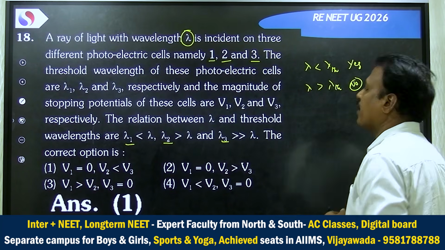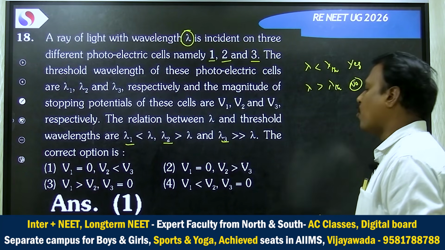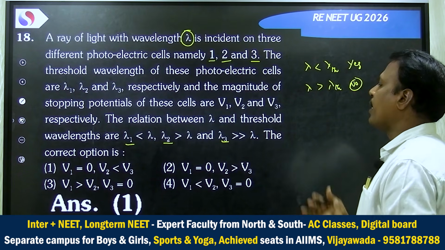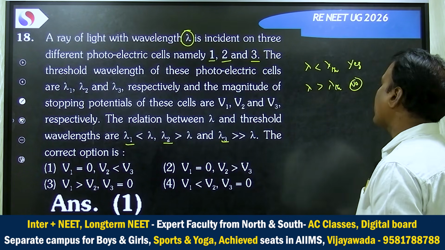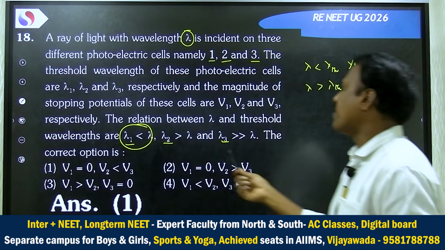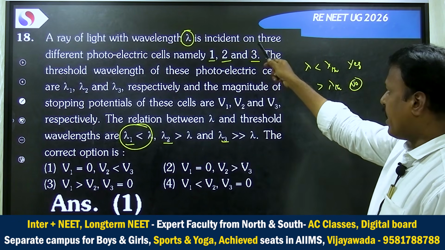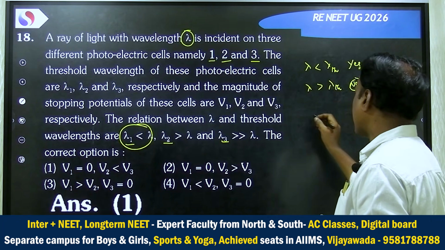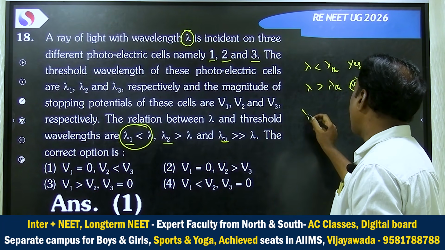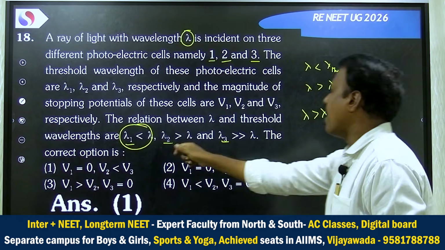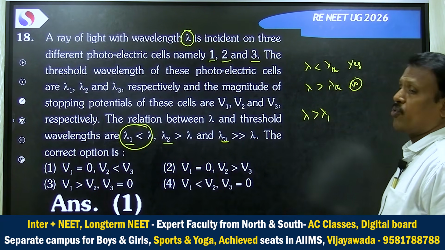photoelectric effect. That's why before entering into this problem, we must segregate, yes, for which condition there is photoelectric effect and for which there is none. So in the first case, the incident wavelength lambda is greater than lambda 1, where lambda 1 is the threshold wavelength.